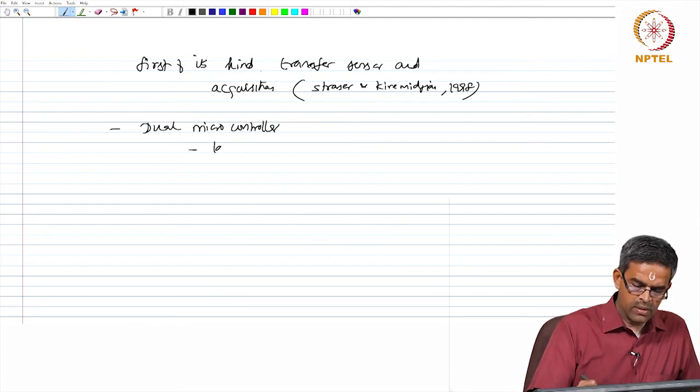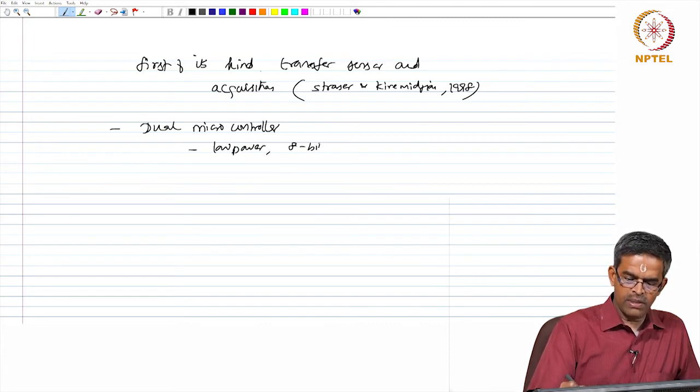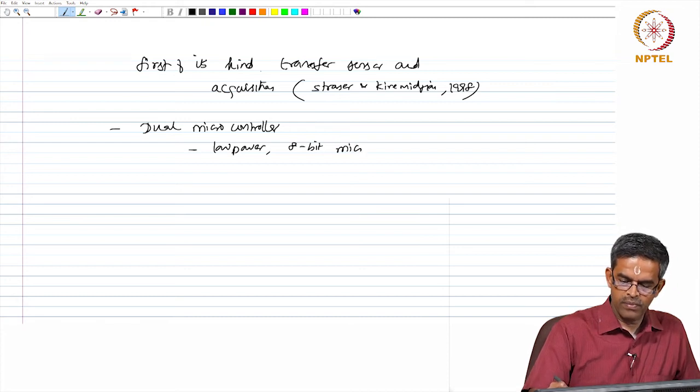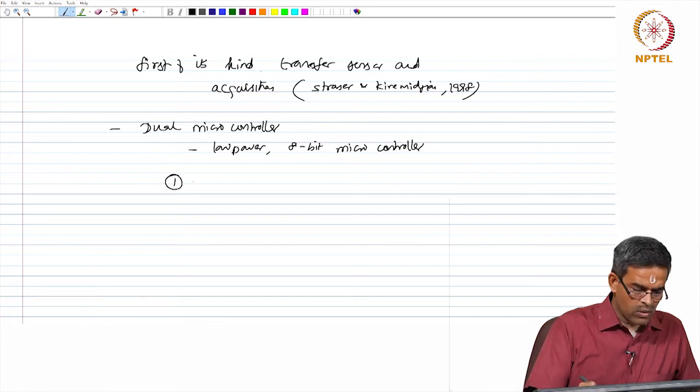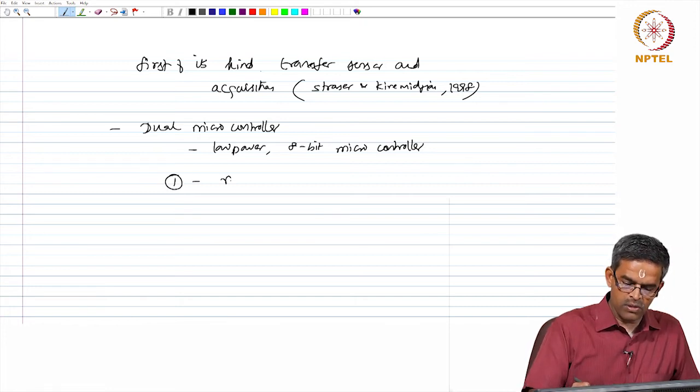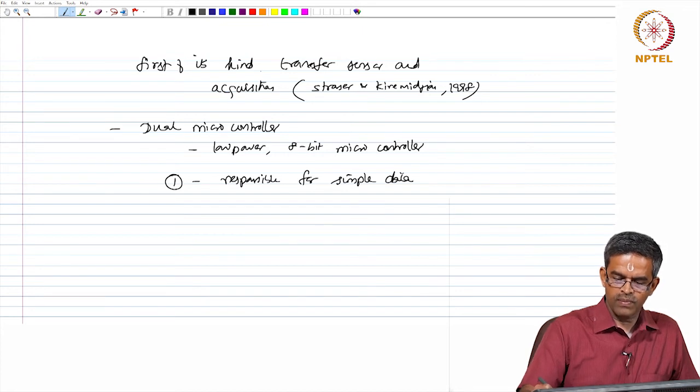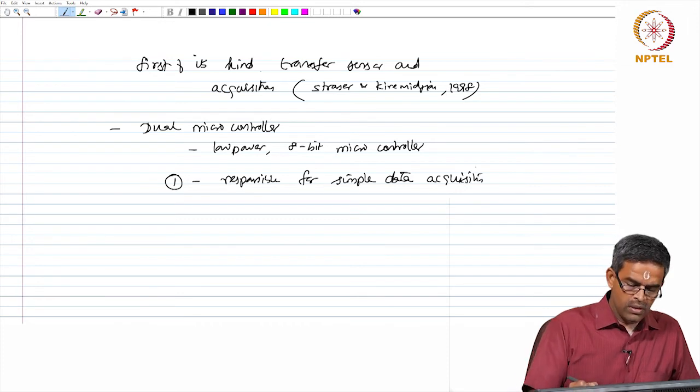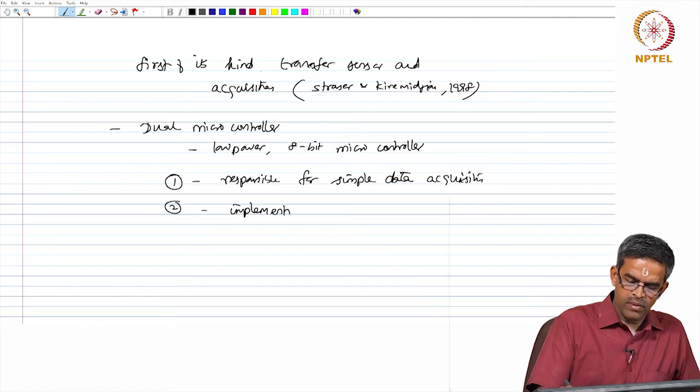It has a low power 8-bit controller in which one controller is responsible for simple data acquisition and the other one is used for implementing the numerical algorithms.